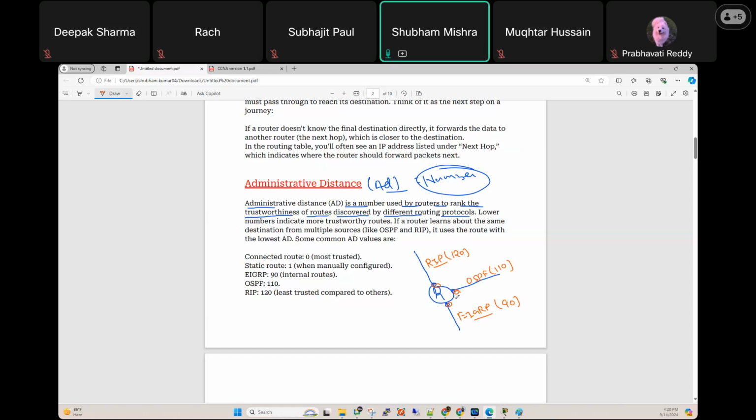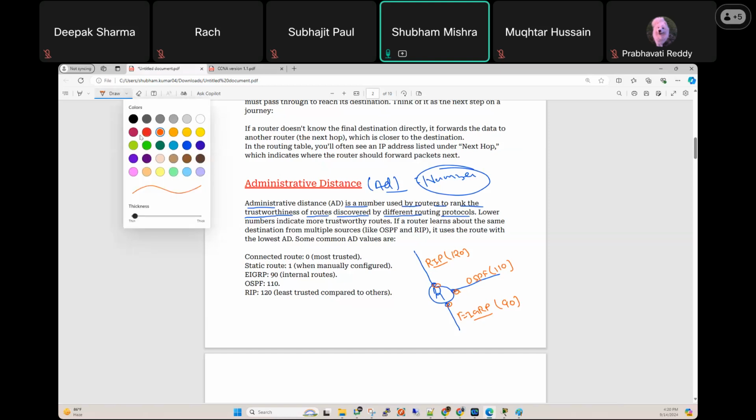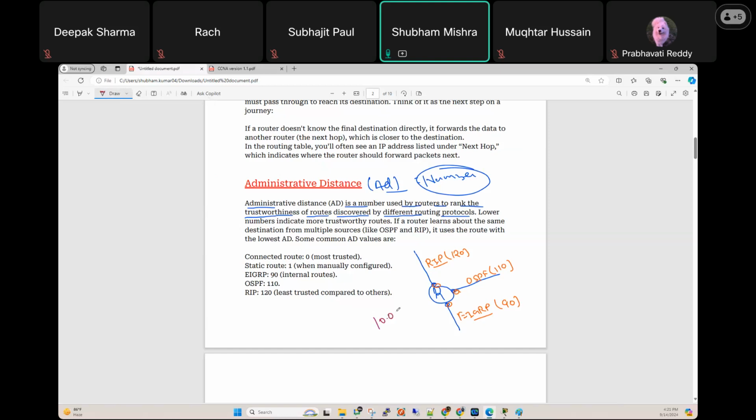Now, it means on all the 3 interfaces, there are 3 different routing protocols running. Right, everyone? Yes or no? For example, this router receives the 10.0.0.0/8 prefix information from RIP, from OSPF, and from EIGRP.